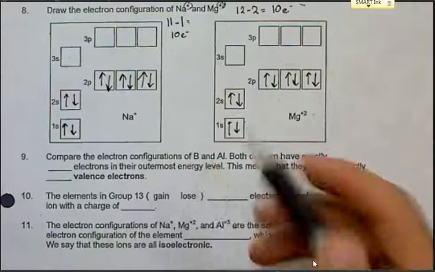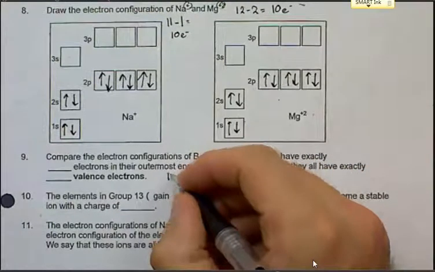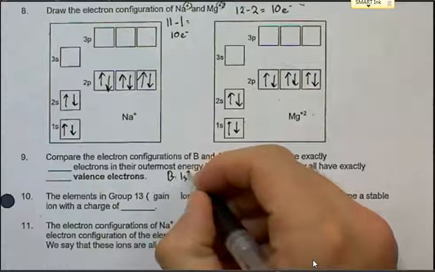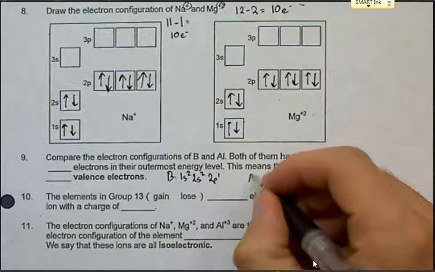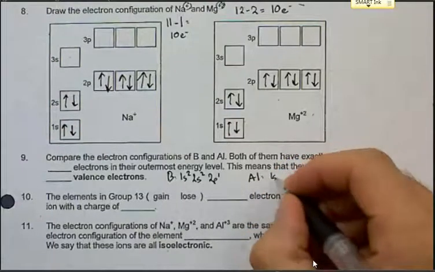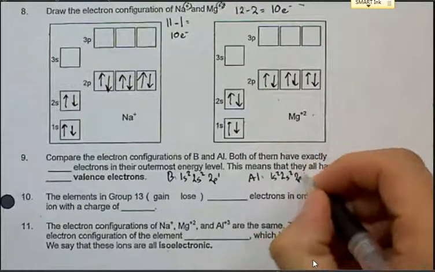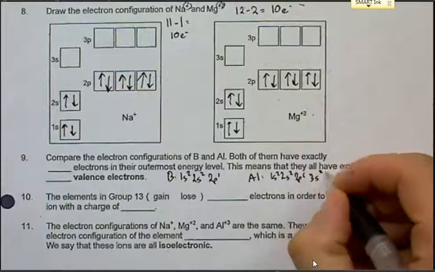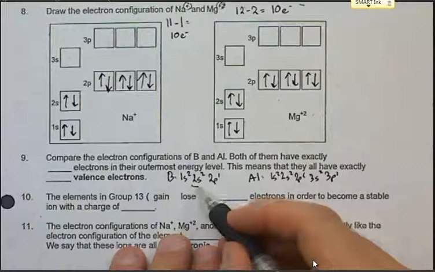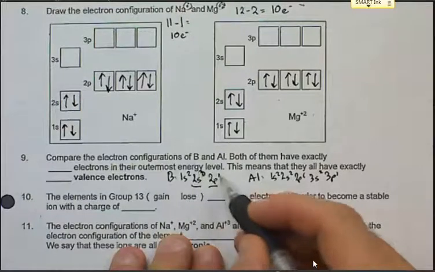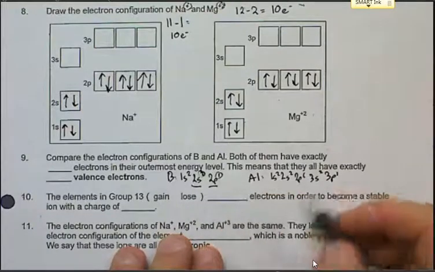I'm going to go ahead and just write these in right here. Boron is 1s2, 2s2, 2p1. Aluminum, 1s2, 2s2, 2p6, 3s2, 3p1. The outermost energy level for boron, the second, has 2 and 1, together makes 3.